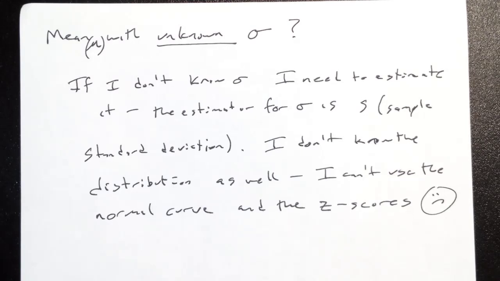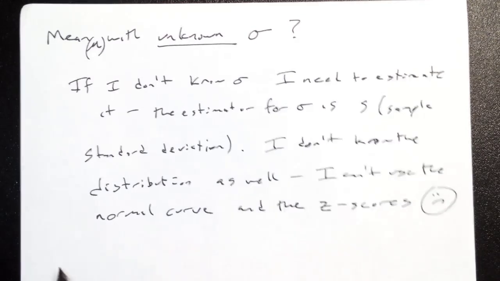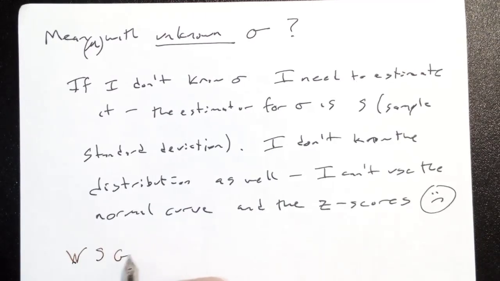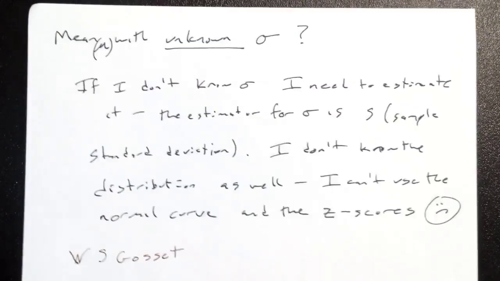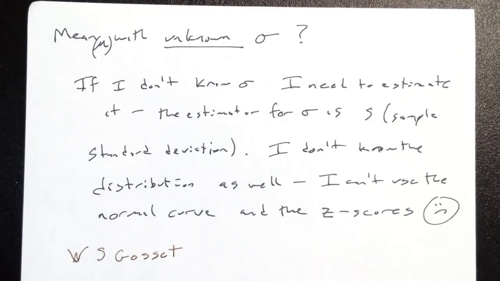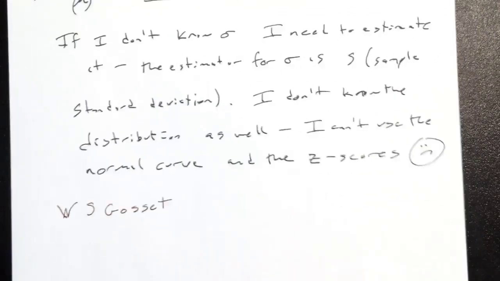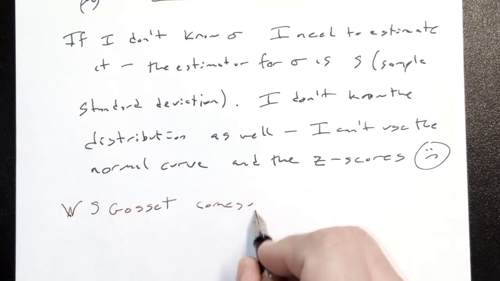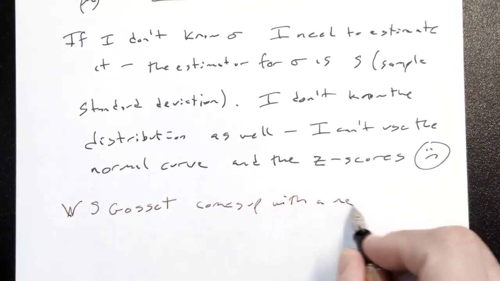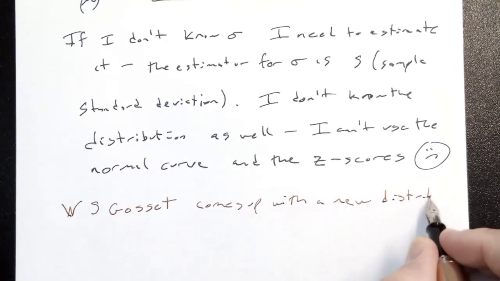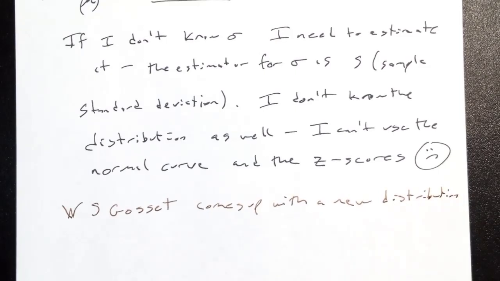He worked for Guinness. And Guinness didn't let their employees publish under their real names. So W.S. Gossett comes up with a new distribution and publishes it under the name Student.